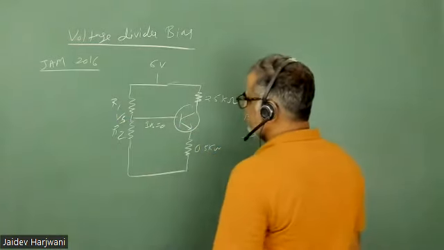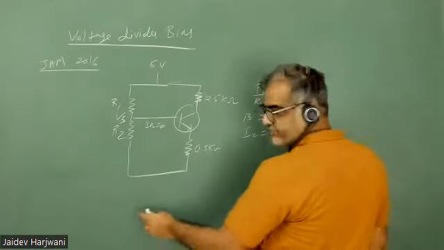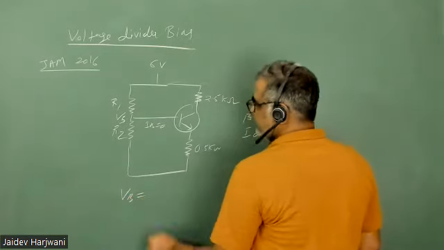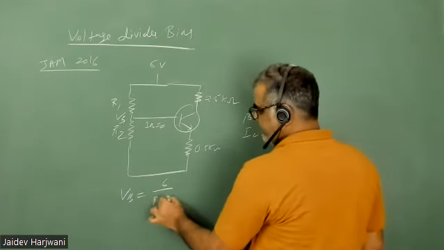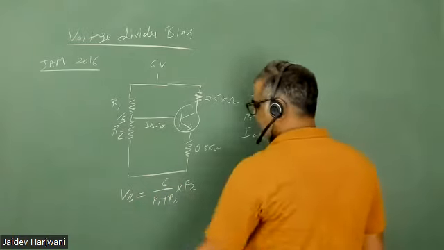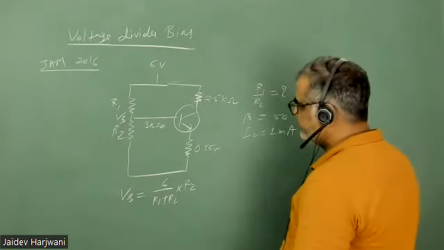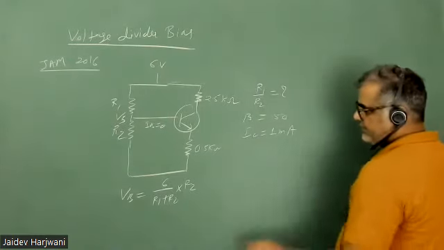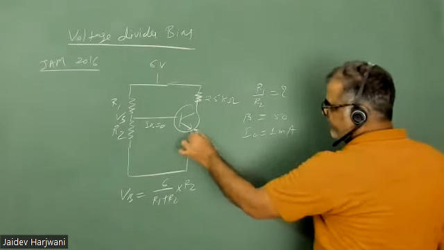So my VB will be 6 upon R1 plus R2 into R2. Once VB is known, I will try to find the VE.